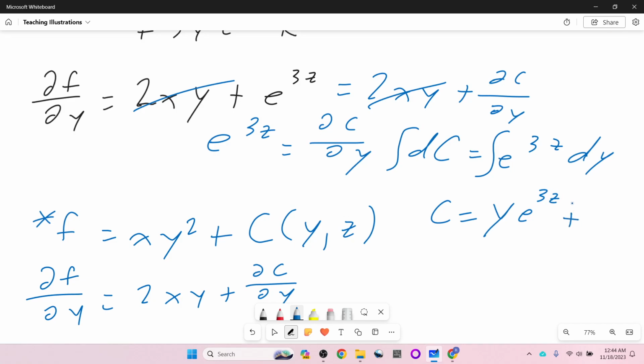plus, now we did the y antiderivative. We've already established c does not have any x's in it by the way we built it. And now we know when we do the y derivative, this constant will not have any y's in it. So we'll be left with a d of z.